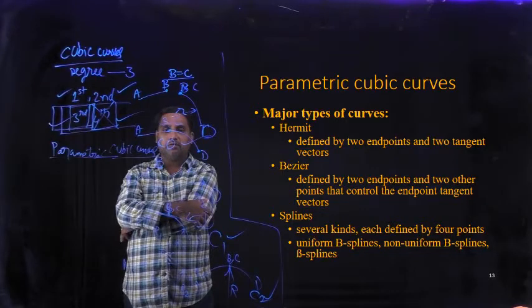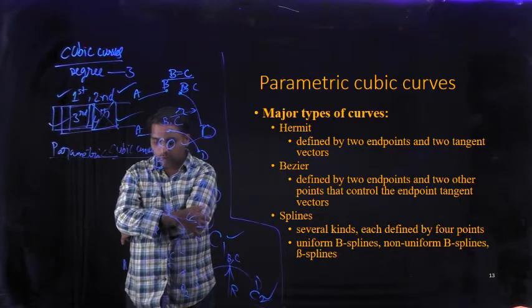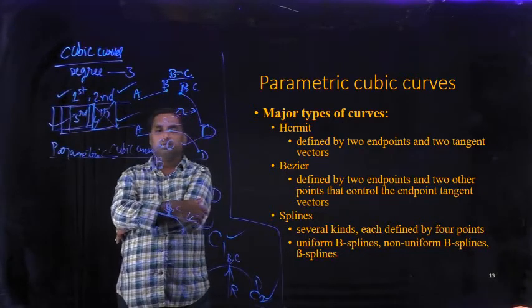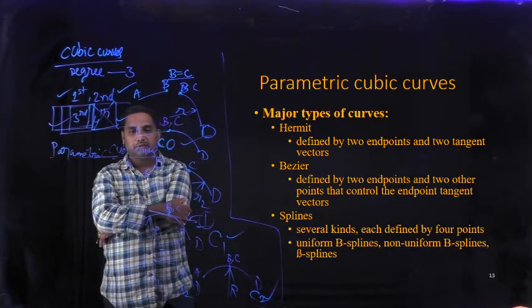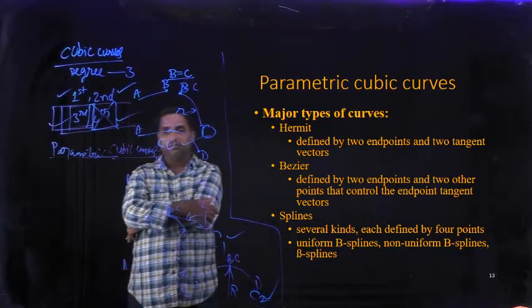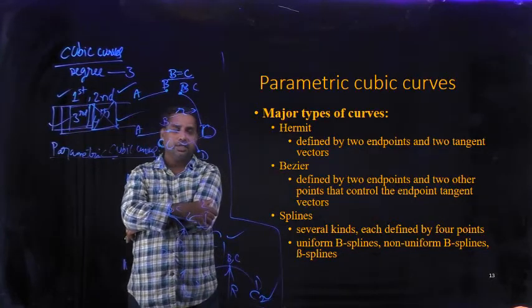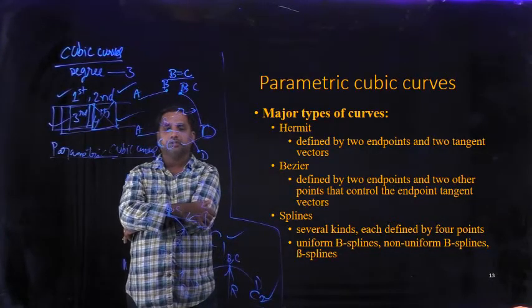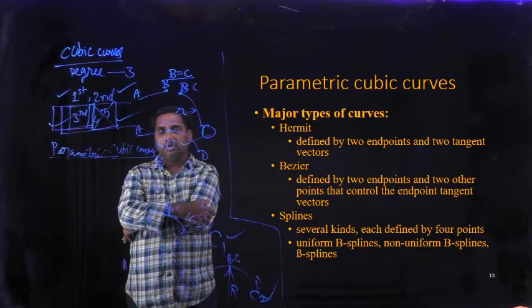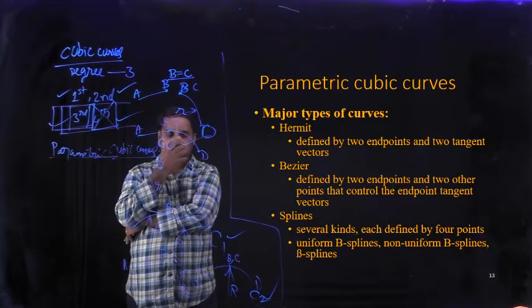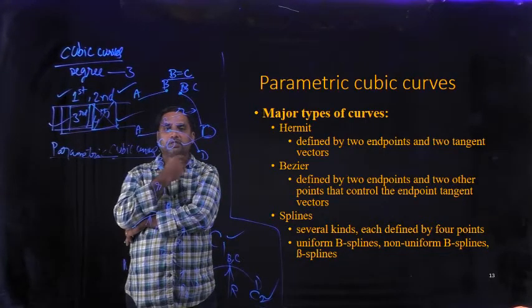Suppose we go for how we have to derive the equation for different degree curves. Suppose the tangent is a straight line, a 1st degree curve. For the case of 1st degree curves, what are the conditions required for defining that one?